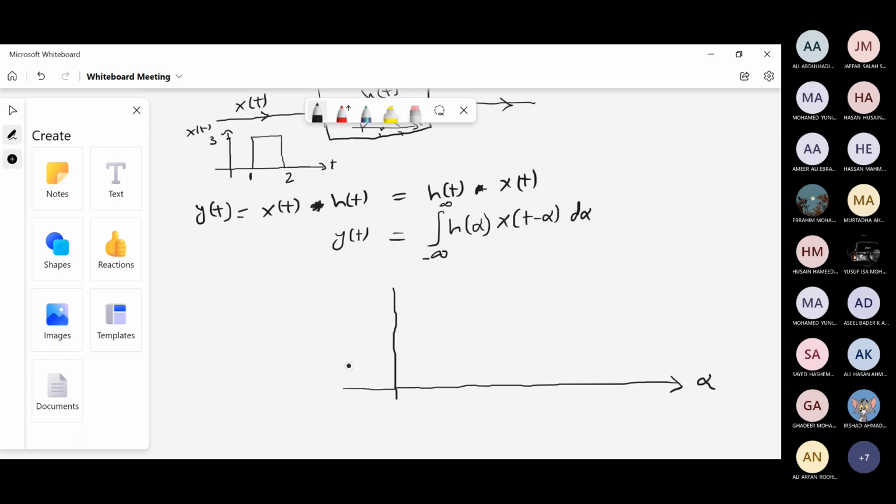This is alpha, 1, 2. Okay, this is 1. This one is h alpha now.